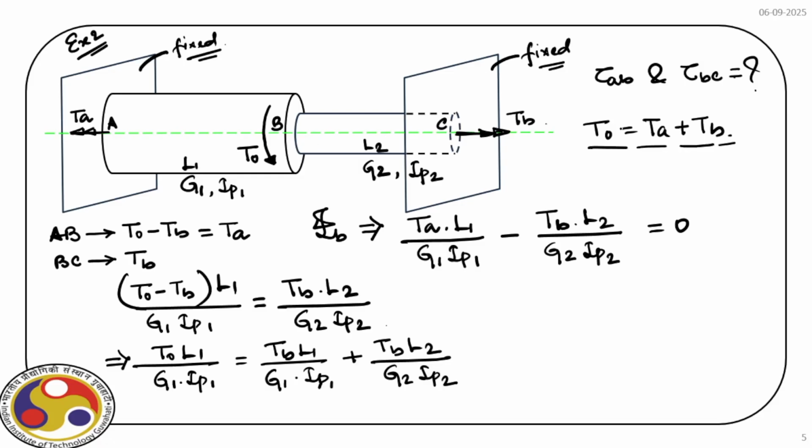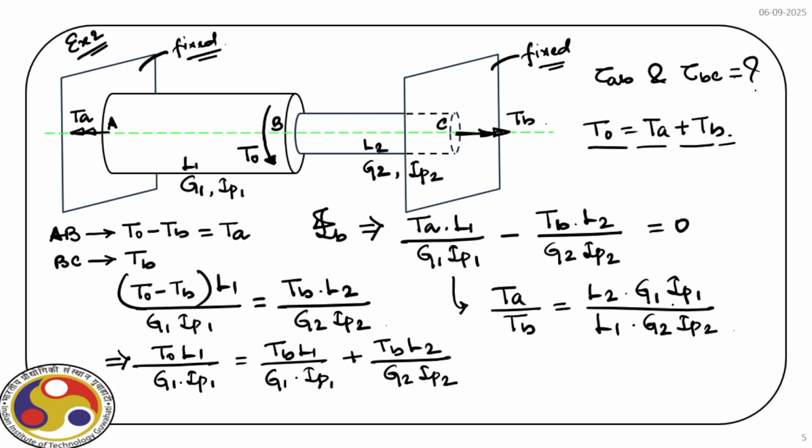Now we can also use compatibility conditions, phi. If you just look at this expression, because at the point B, the rotation will be the same whether we come from AB or CB, then from this example what we get is TA by TB is equal to L2 times G1 IP1 divided by L1 times G2 IP2.